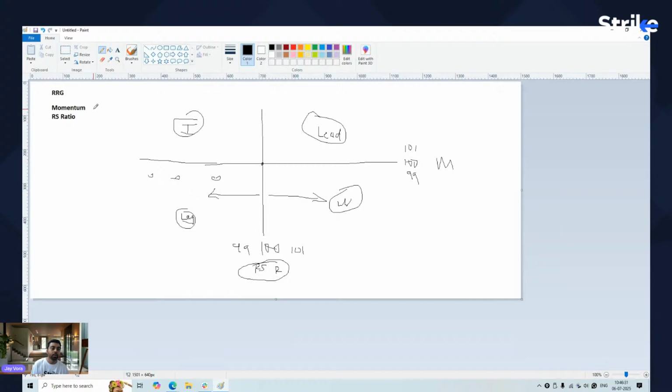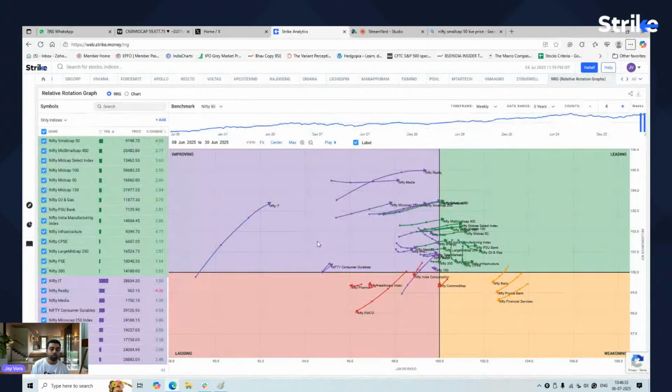Now see what happens over here. Say for example IT, right? IT is rising, sort of northeast. What it means is that the momentum is increasing, because the momentum last time was 102.68, now it is 103.36, which means momentum has increased.